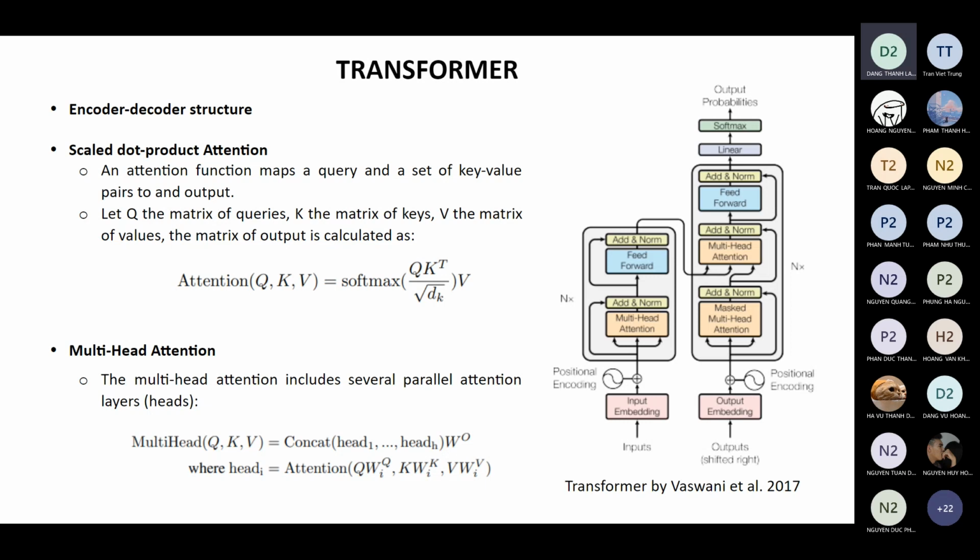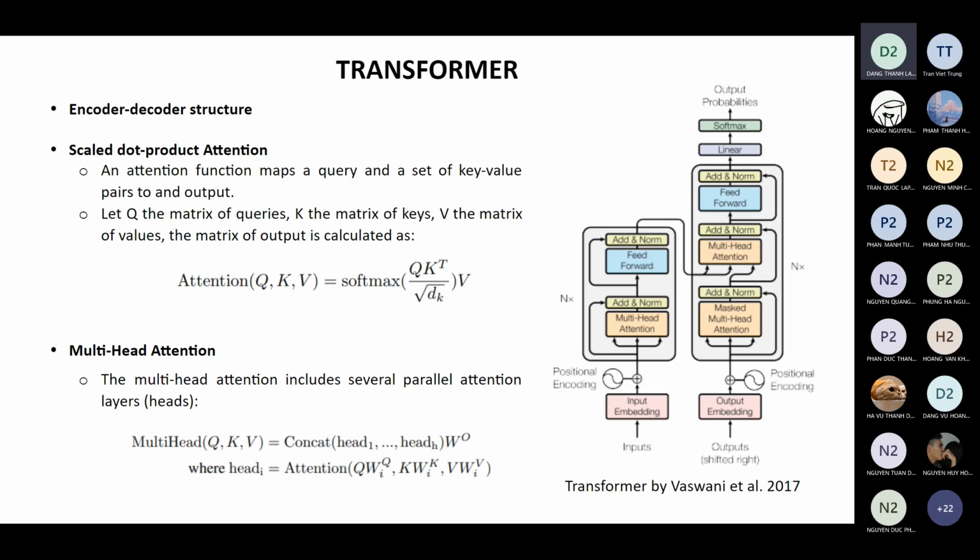The transformer uses the scaled dot product attention, which involves three kinds of matrices: the query matrix, the key matrix, and the value matrix. The formula for the output is calculated as you can see here.